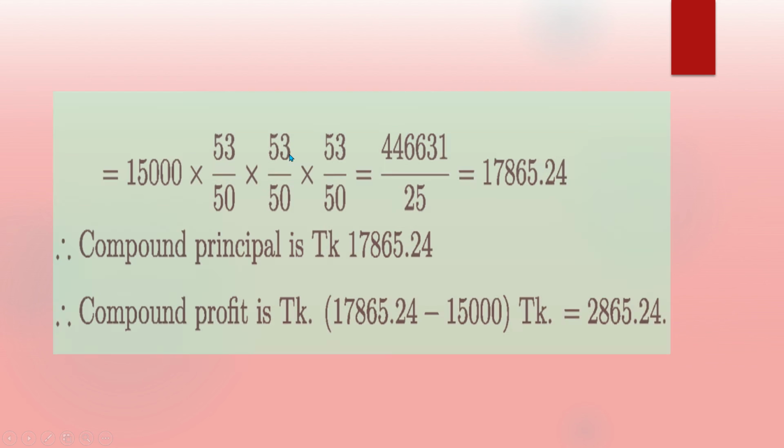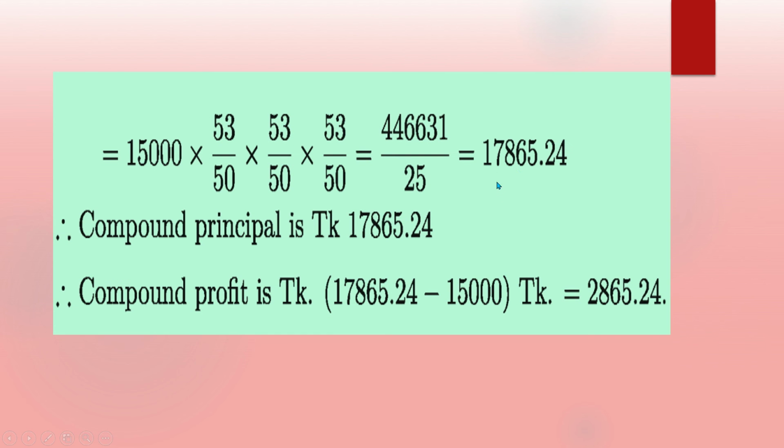Now this equals, we can write, 17,865.24 compound principal. Therefore, compound profit will be this minus 15,000, and this equals taka 2865.24. This is the correct answer. Clear, student?